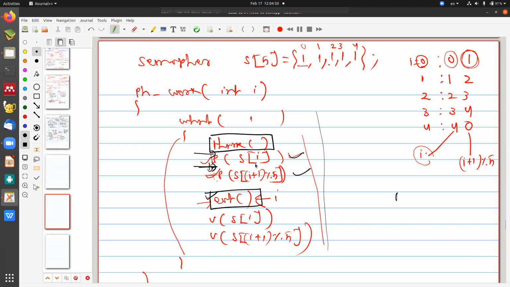If it becomes 0, then they cannot execute this line, because their right chopstick is taken by their right neighbor, and he is also holding and also requesting his right chopstick. His neighbor has taken that too. So nobody is ready to give up, because they are hungry, and they cannot think either. When will they think? They will think after coming from here, but they are stuck here. Then this scenario is called a deadlock scenario. Means nobody is going to progress further. That is basically a deadlock scenario.